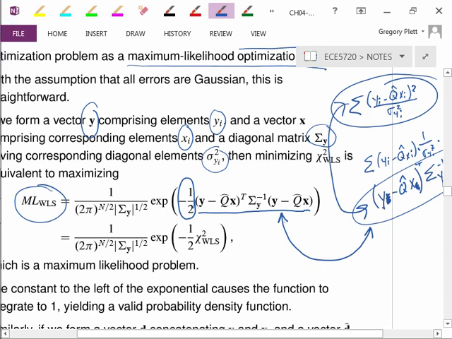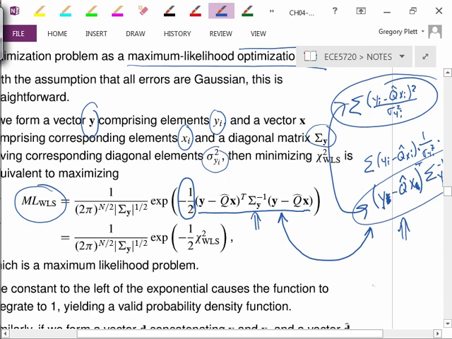If I want to minimize this thing, that means I want to minimize this thing. If I divide it by 2, it really doesn't have any impact on minimizing it. If I multiply it by the minus 1, I want to maximize, really. So I want to maximize that thing because of the minus sign.